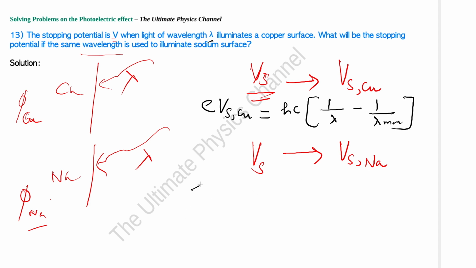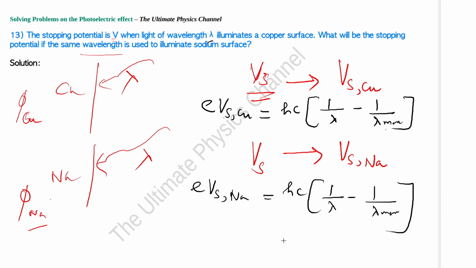We write it in terms of wavelength since lambda is given. In the same way, eVs Na is equal to hc times 1 over lambda minus 1 over lambda max, but here lambda max is different for these two metals. Let's call this first equation 1 and this 2.